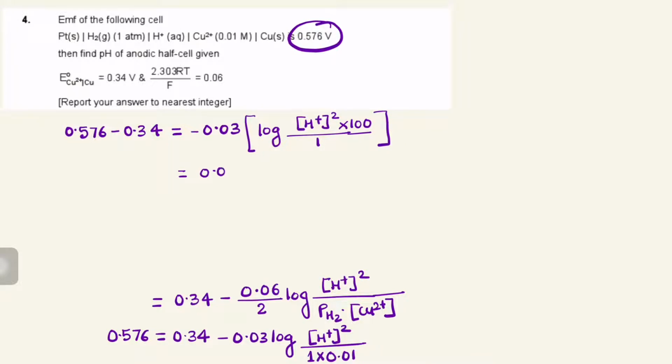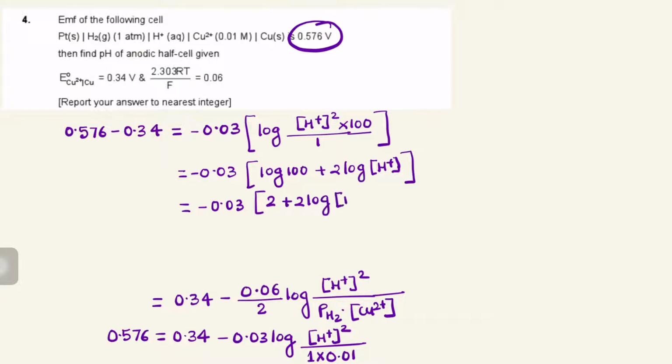That will be 0.03, and we can just write it as log 100 plus 2 log H plus. Now log 100 value is what? It is 10 square, so 2 plus 2 log H plus concentration.